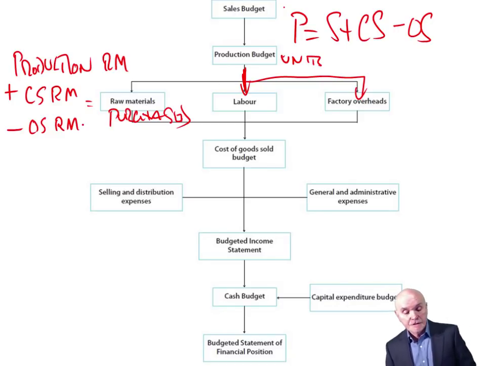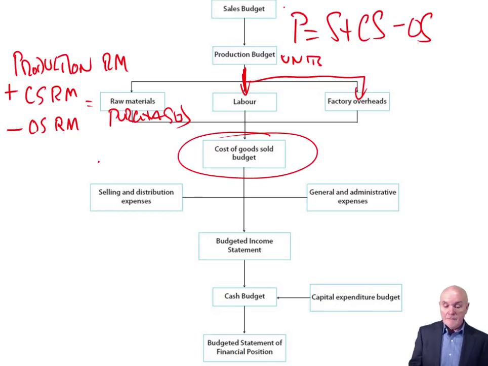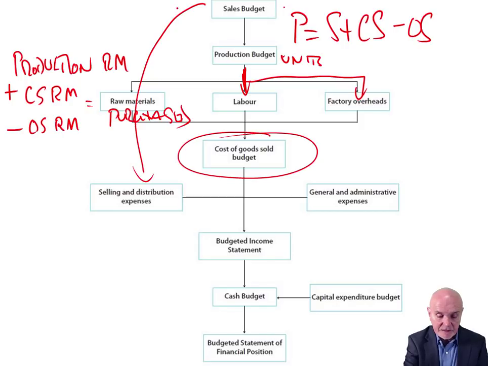This allows us to work out the cost of goods sold, allows us to get to a gross profit. And then we are going to have selling and distribution expenses and general admin expenses. Sometimes the selling and distribution expenses will be variable. They will relate to the number of units sold. Sometimes they won't be. It's just an amount of advertising, and then you hope that you're going to get the sales and so on.